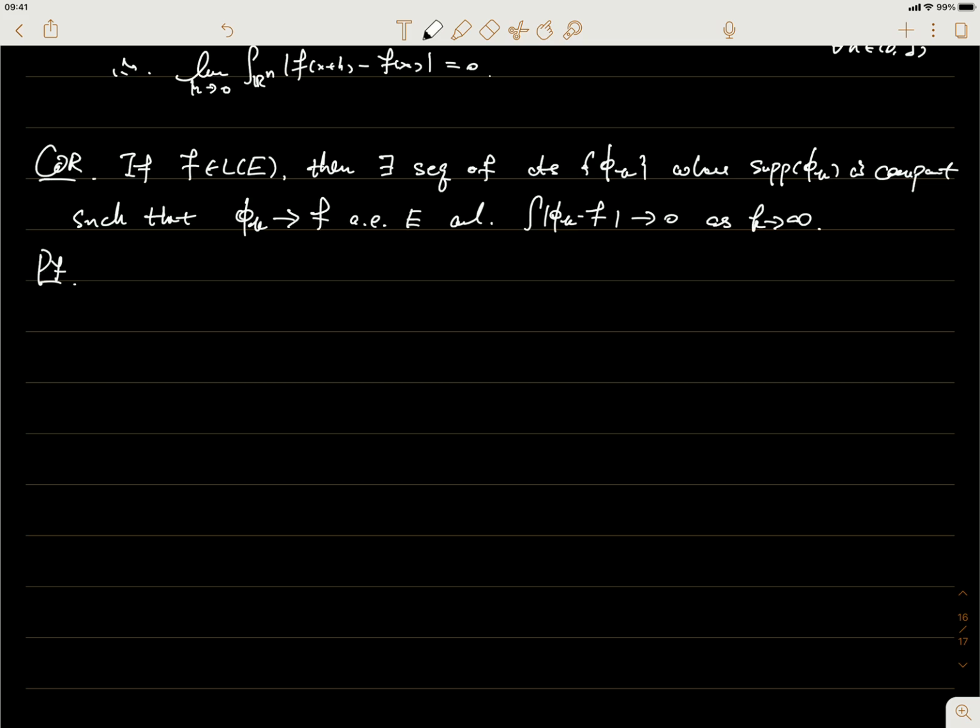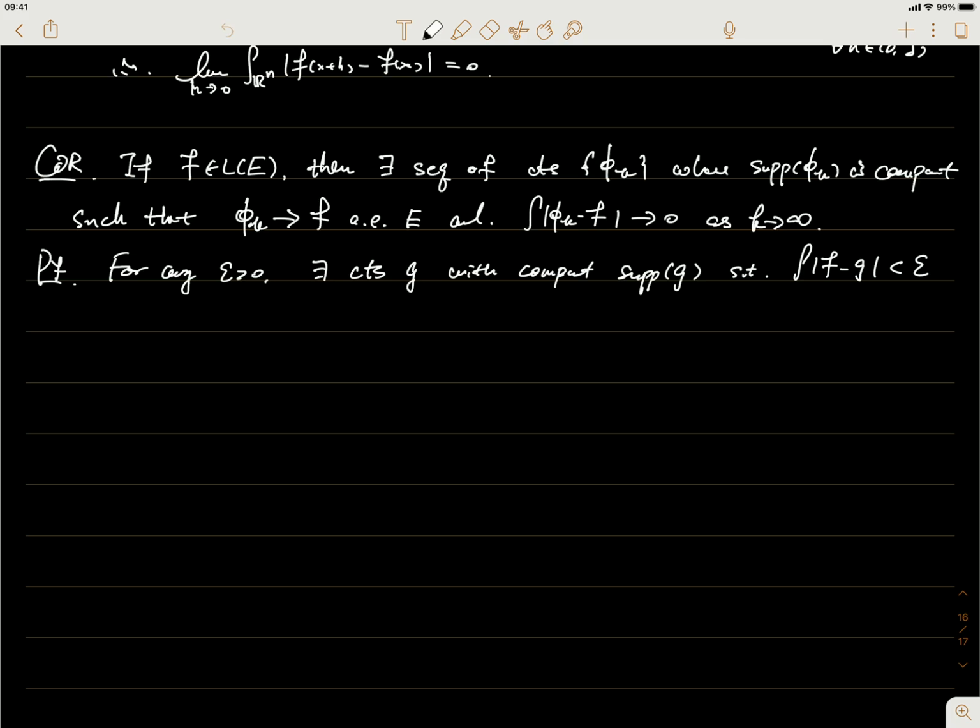Okay, for the proof, we can say for any fixed epsilon, we can just invoke the theorem we proved to show that there exists a continuous function g with compact support such that the integral of the difference between f and g is less than epsilon.